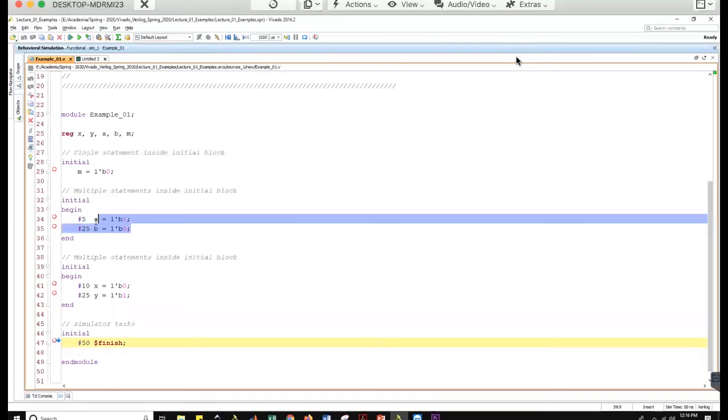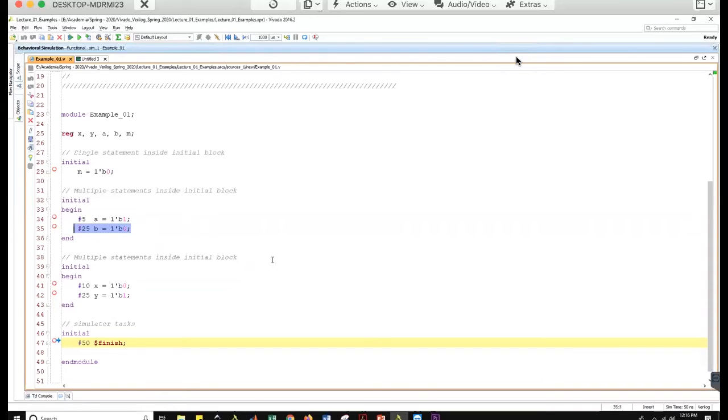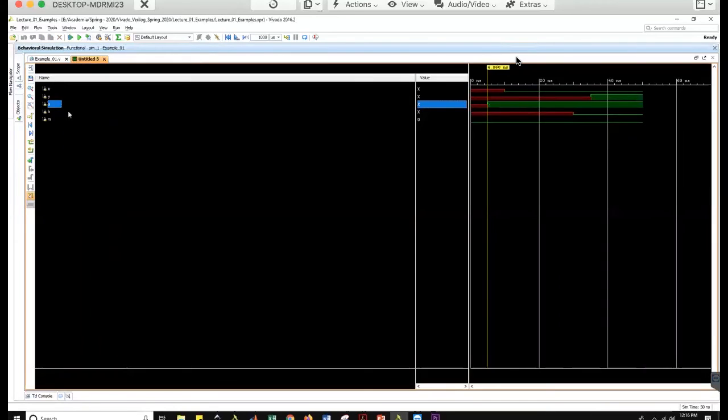The b initialization will start from 5 plus 25, 30 nanoseconds. So b will start at exactly 30 nanoseconds. All times are exact, but sometimes we are able to place the cursor correctly and sometimes we are not.